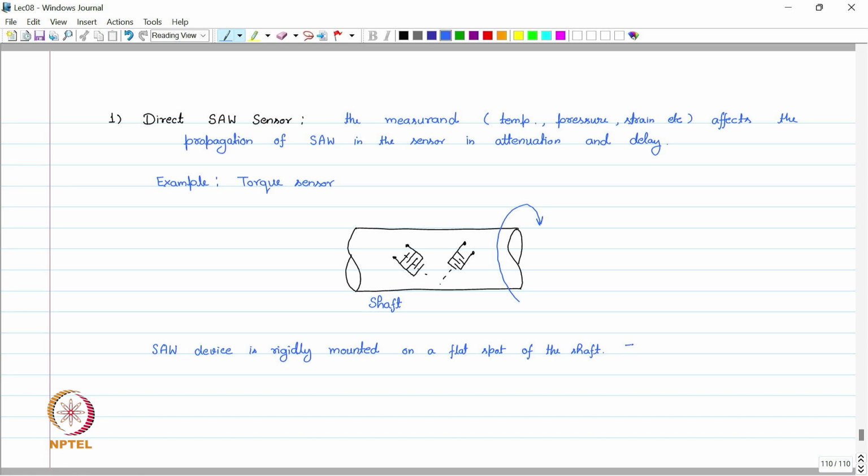The torque applied will stress the sensor.